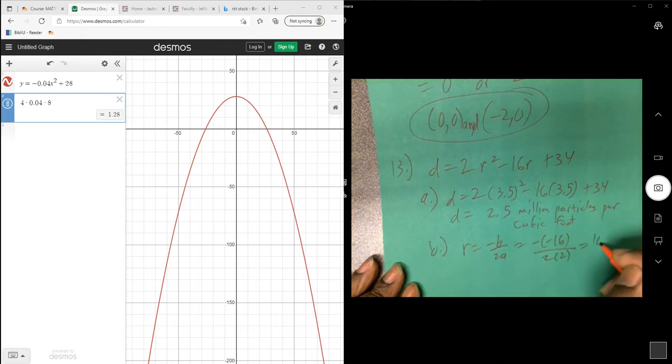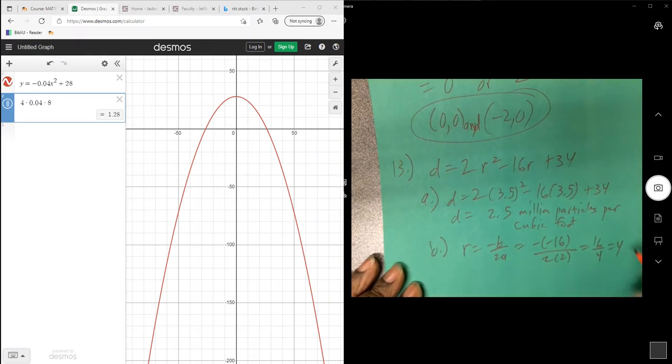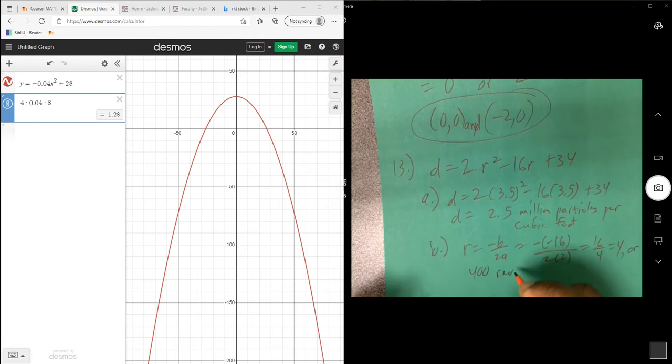So that'll be 16 over 4, which is 4. So that would be 400 revolutions per minute.